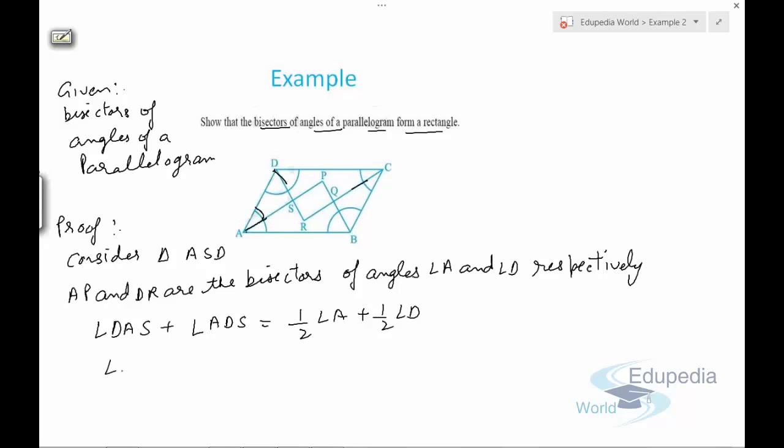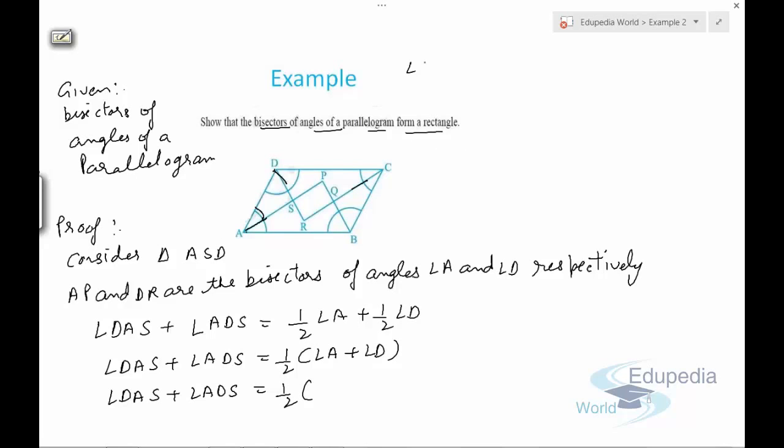Now we can write angle DAS plus angle ADS equals, if we take half common out, half of angle A plus angle D. If we see properly, angle A plus angle D form a pair of co-interior angles.